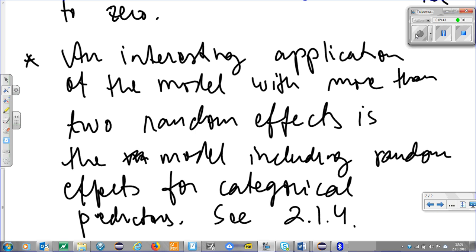This is something that we are not going to cover on this course, but those of you who are interested, especially if you are modeling some datasets where you have categorical predictors, and it seems that the variance of the group effects in different levels of the categorical predictors is different, could read subsection 2.1.4 from the lecture notes package. But this is not basic knowledge for the course, just for those who are interested.